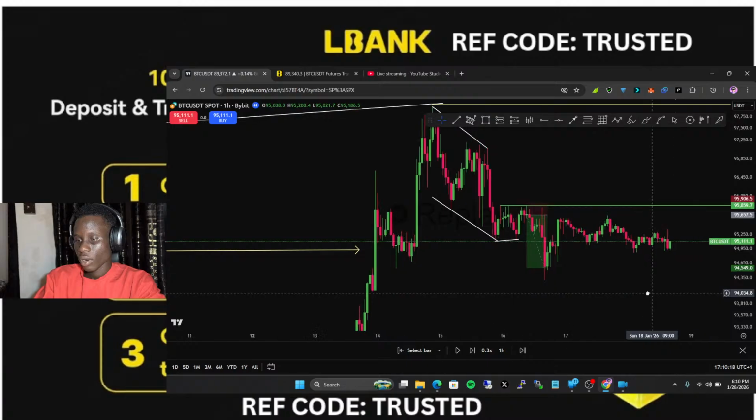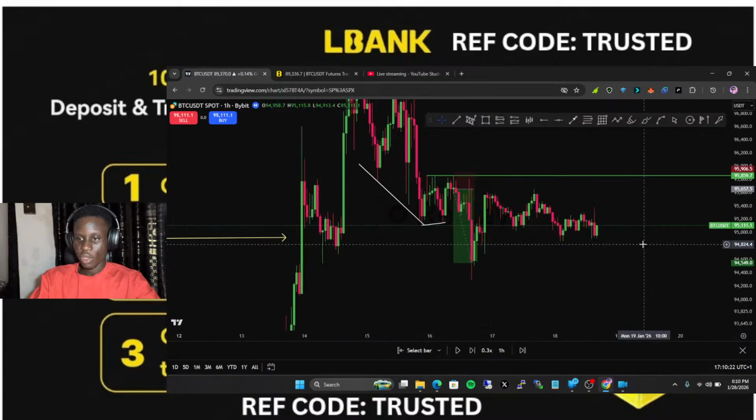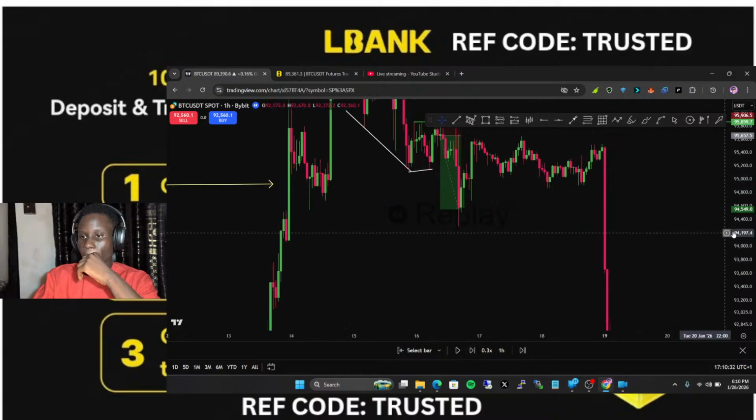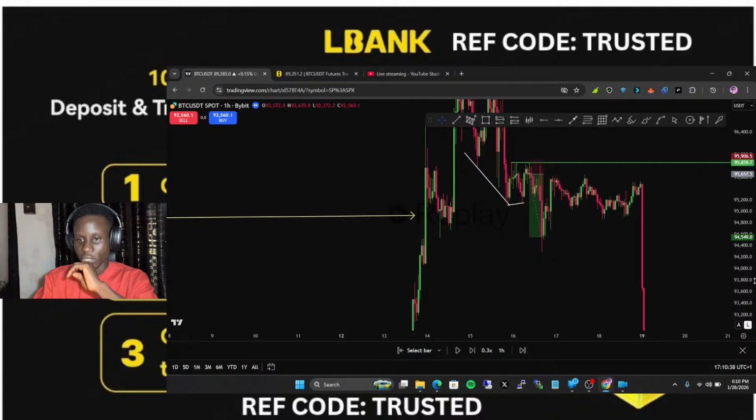Alright, I'm playing that so we can still seek for more entry time inside this market situation right here. Okay, we're unable to get any entry before this spike happened in the market. But let me add to your knowledge as well.